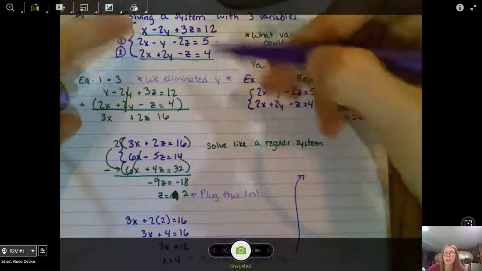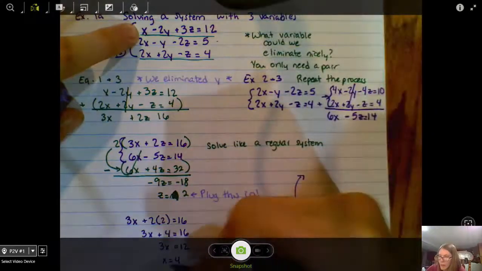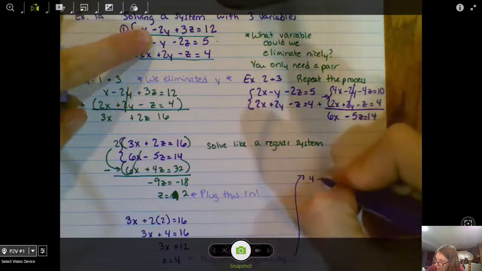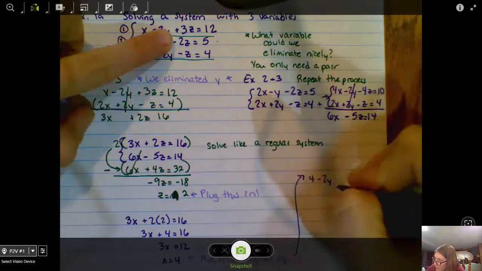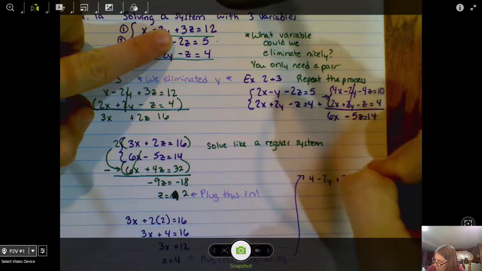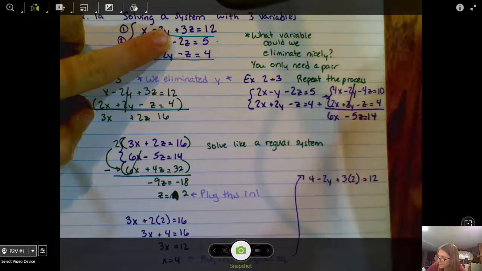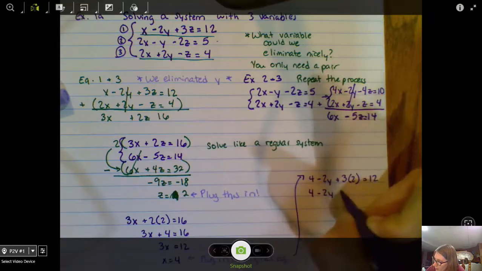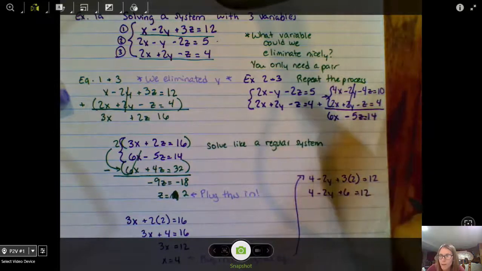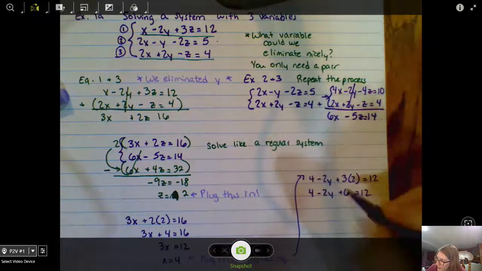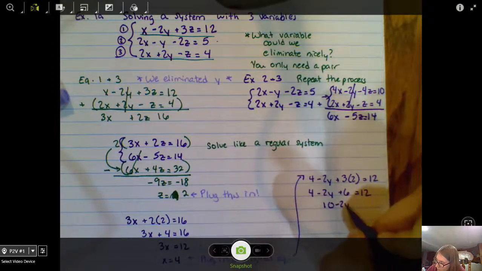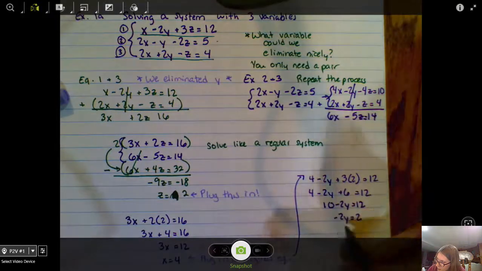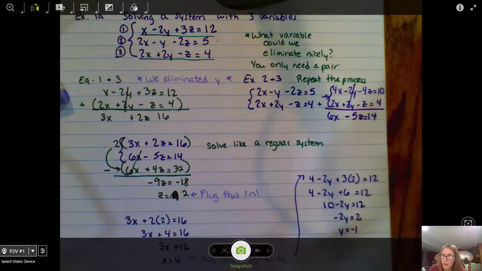So we can still see our original equations up here. 1x, x was 4, minus 2y, y is the one variable we don't know yet, plus 3z, z is 2, equals 12. It's 4 minus 2y plus 6 equals 12. 4 and 6 together is 10. Subtract 10 from both sides. Divide by negative 2, we get y is negative 1.